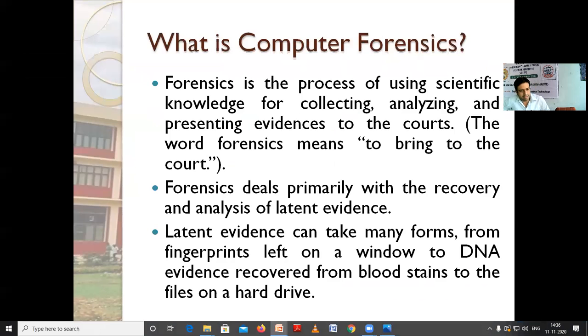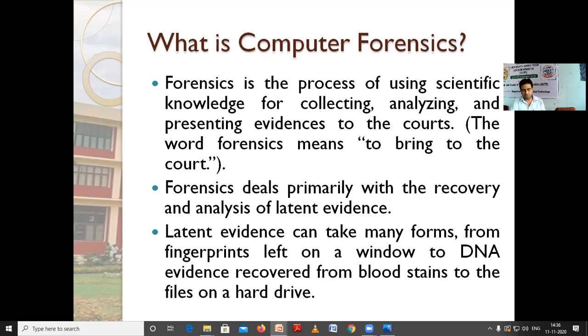Forensic deals primarily with the recovery and analysis of latent evidence. It is not about generating new or novel information; it is about scrutinizing the information that has been left behind, and a limited mistake can totally destroy the complete analysis process.